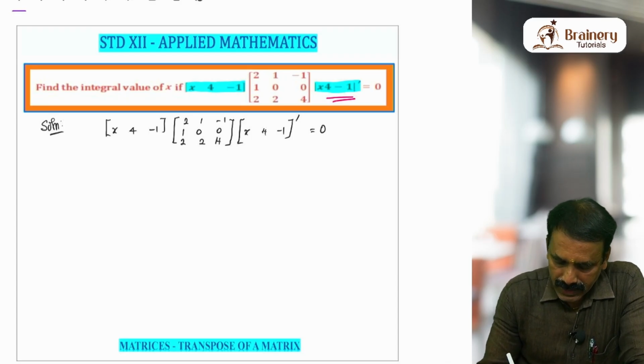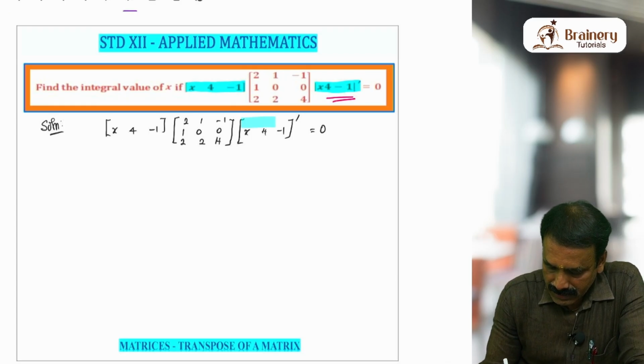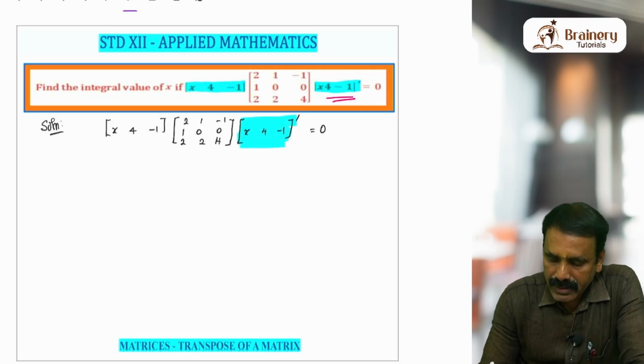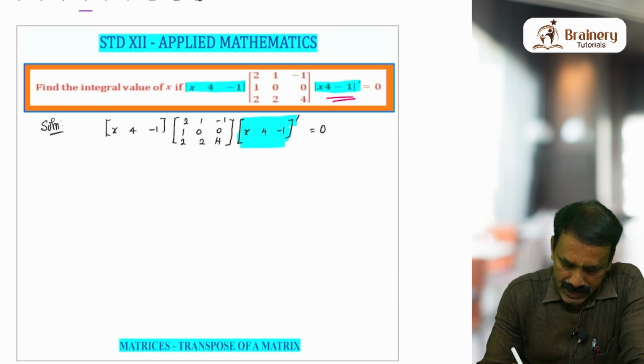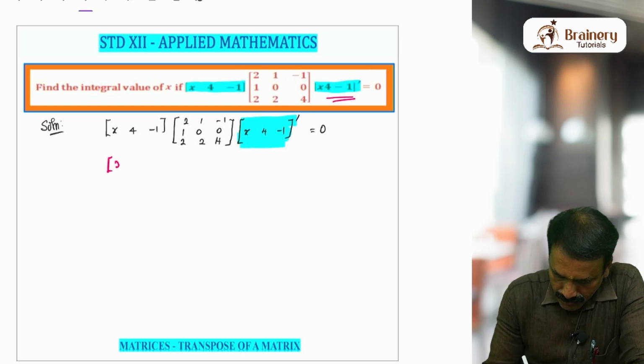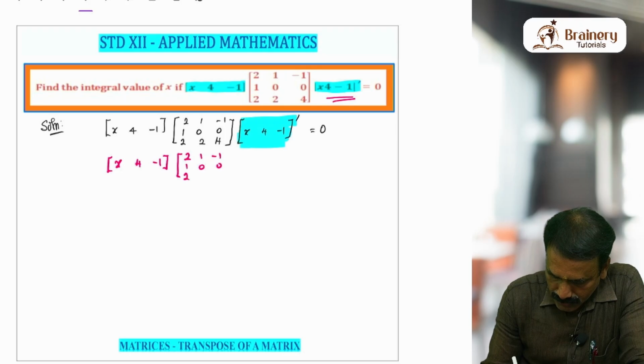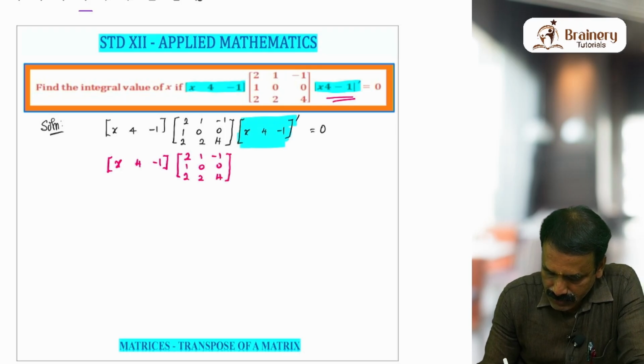So we rewrite this third matrix. Why we have to rewrite? It is going to be transpose. So when you rewrite, this expression will be changed to x 4 minus 1 multiplied with 2 1 minus 1 1 0 0 2 2 4. Here only we are having transpose, so this is rewritten as x 4 minus 1. That's it.